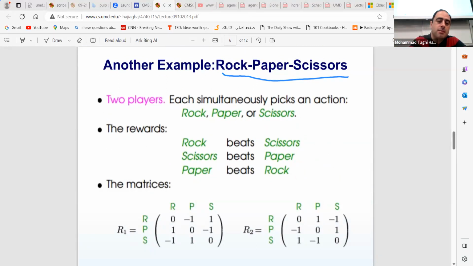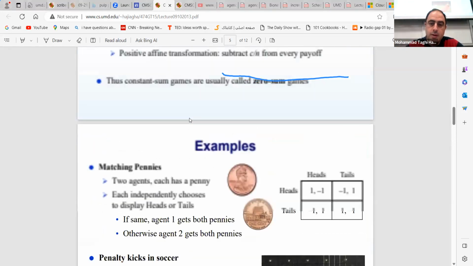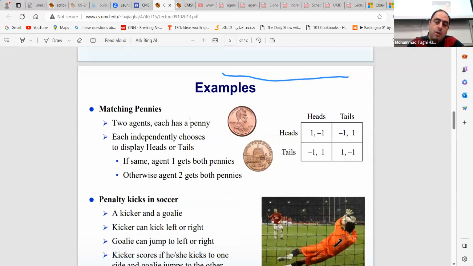So this is the matrix that we can make. And this is important. Sometimes when we want to represent a normal form game, we can represent it like this, where we are just representing both payoffs in one place.